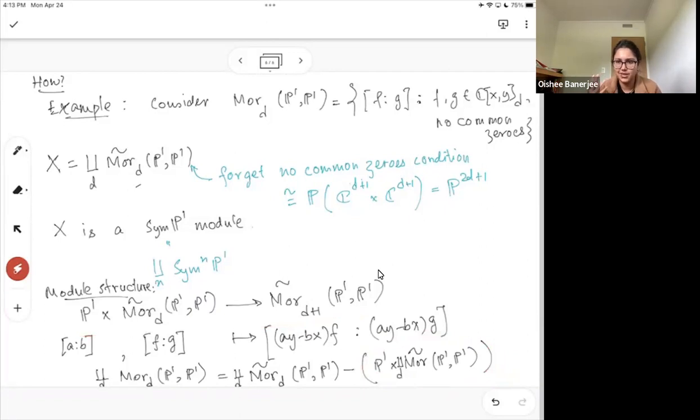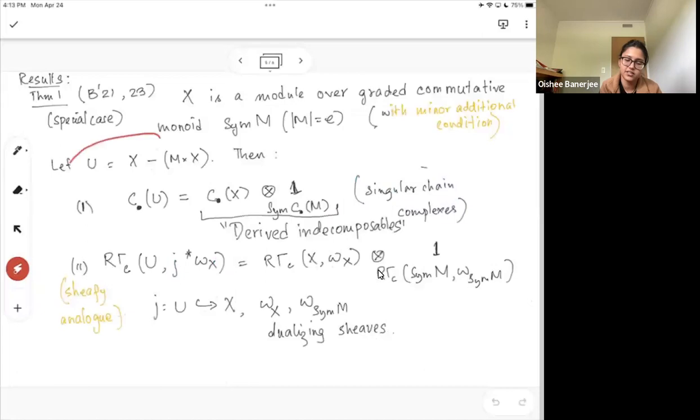So this is a situation where the format sort of resembles the condition of the theorem, right?